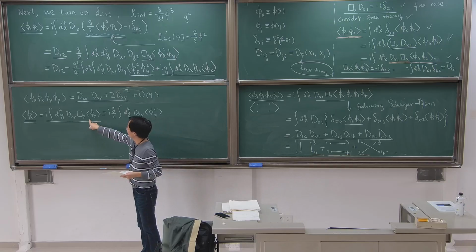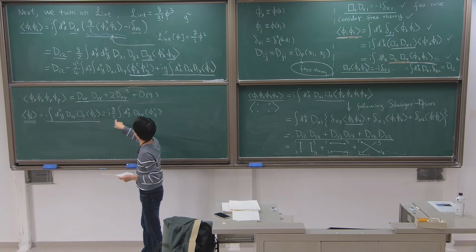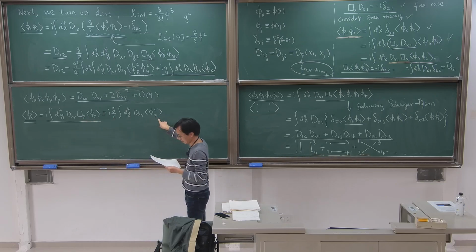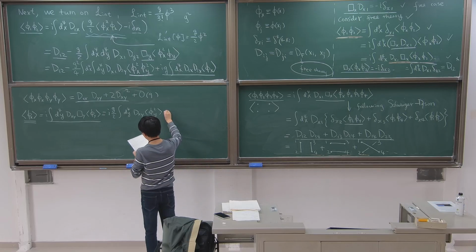Now, in the interacting case, the difference is that you have to replace both by squared, because this series is interacting, right?